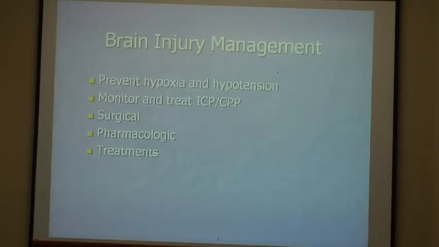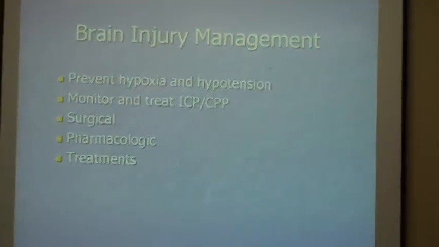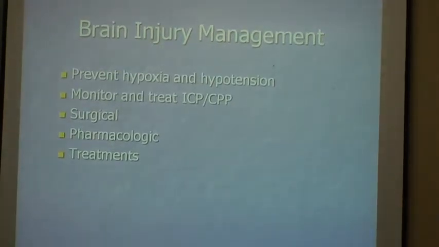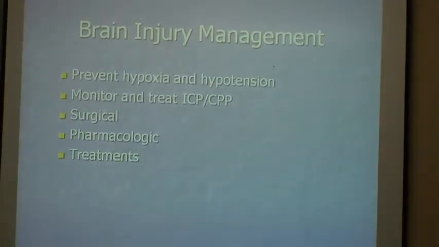So let's take care of these folks and talk about how we're going to manage them. We want to prevent hypoxia and hypotension, obviously, treat their ICP, and make sure their cerebral perfusion pressure is good. Then we'll talk about some of the surgical and pharmacologic interventions and a couple of the other things that we do for them.